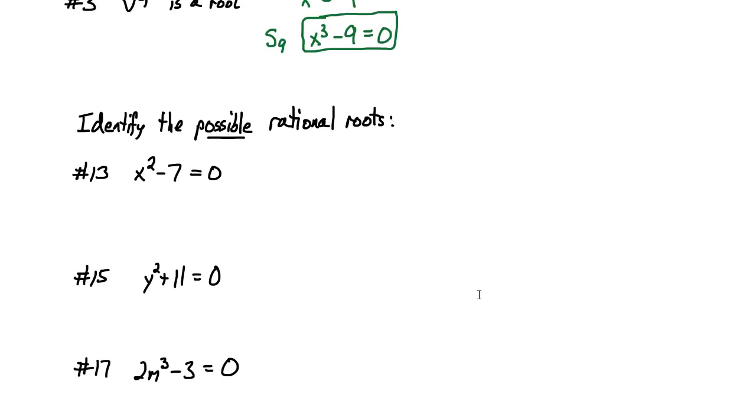Number 13, we're asked to identify possible rational roots. To do this, we're going to use the rational root theorem. It involves using factors of the leading coefficient and factors of the constant term. The leading coefficient is a 1, the constant term is a -7. To find possible rational roots, you take all of the factors of the constant term and divide them by factors of the leading term.